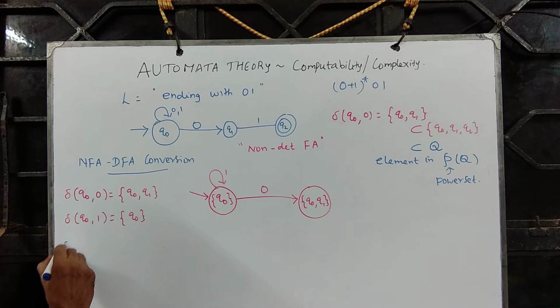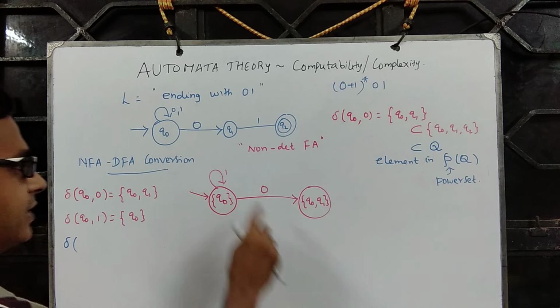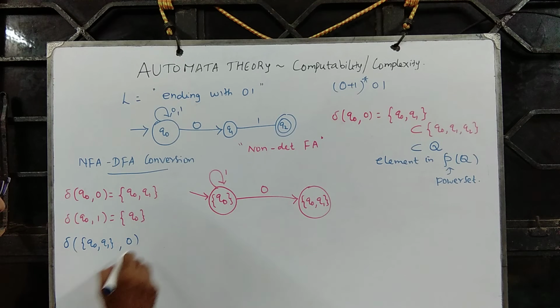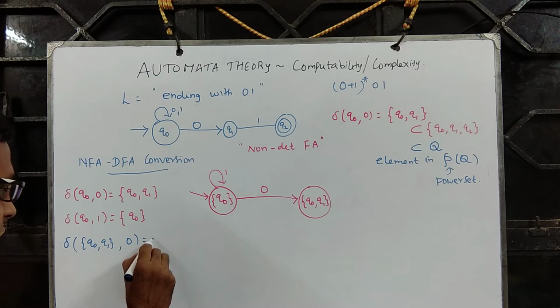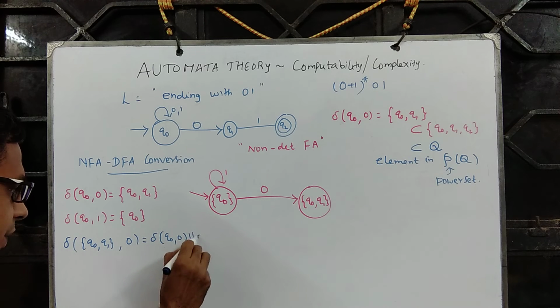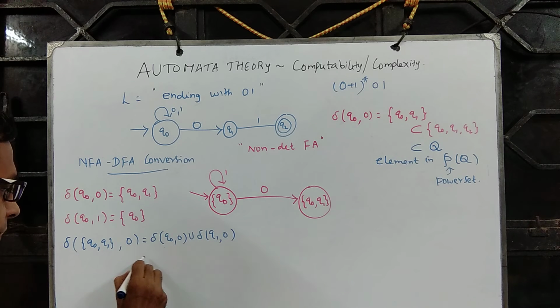So next, you treat this itself as a state just like q0, q1, q2 and apply the possible inputs. So now this one is defined as delta of q0, 0 union delta of q1, 0.